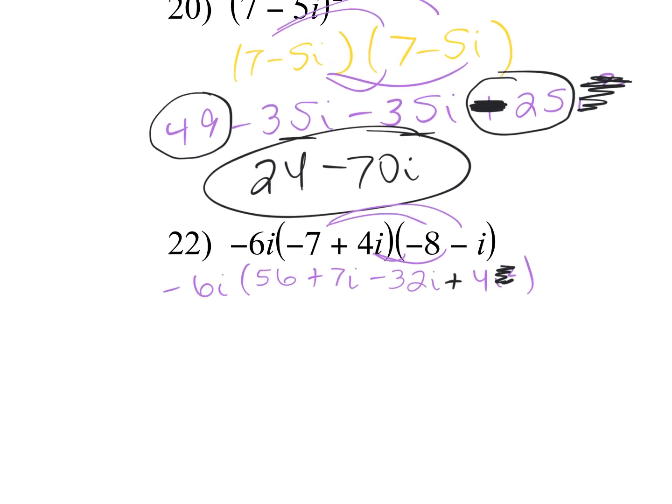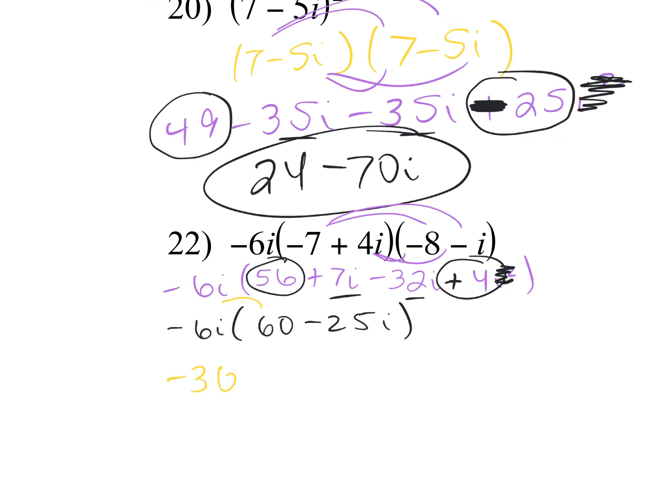So before I distribute that little negative 6i, I'm going to combine in here. I have 56, 56 plus 4 is what? 60. And then I have 7i minus 32i. Minus 25i, good. And now we distribute. What's negative 6i times 60?